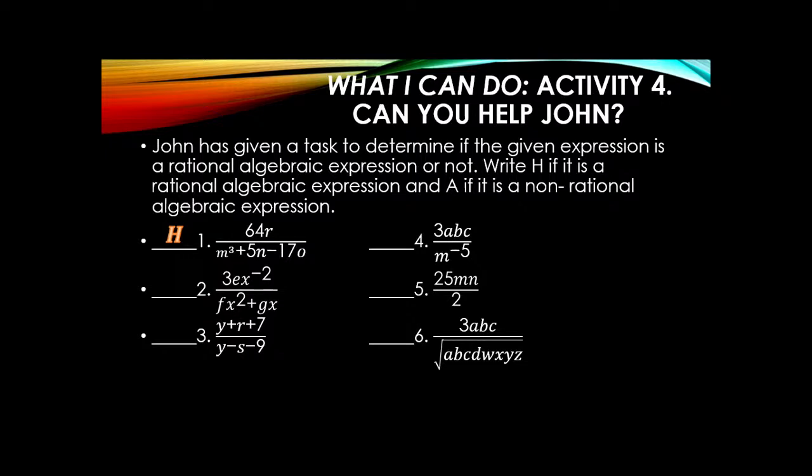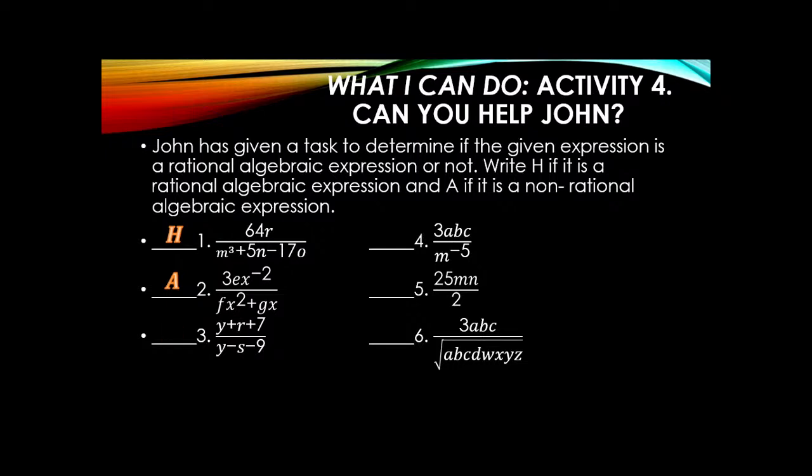Number 2. 3e x to the power of negative 2 all over f x squared plus g x. H or A? The answer is A. So, it is not a rational algebraic expression. Why? Because the exponent in the numerator is negative.